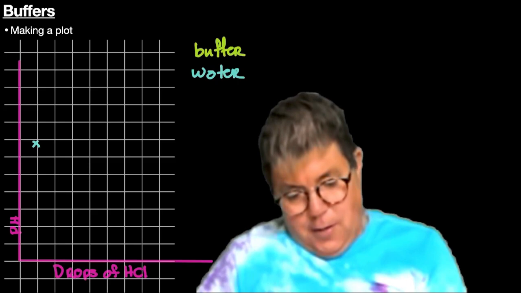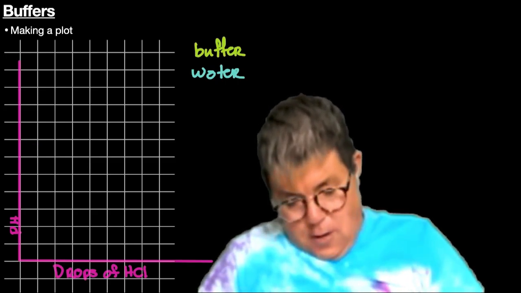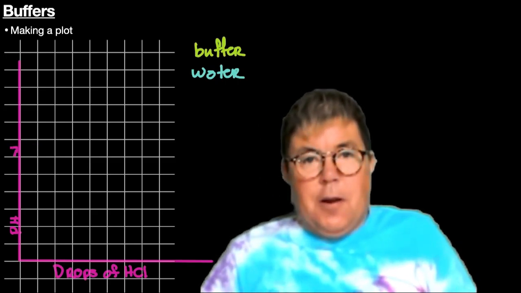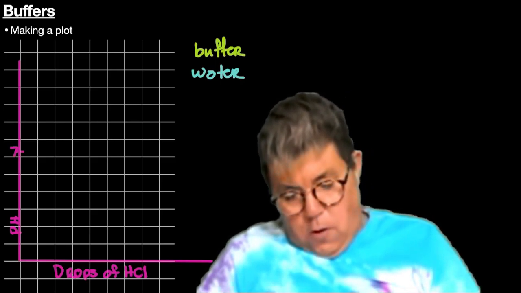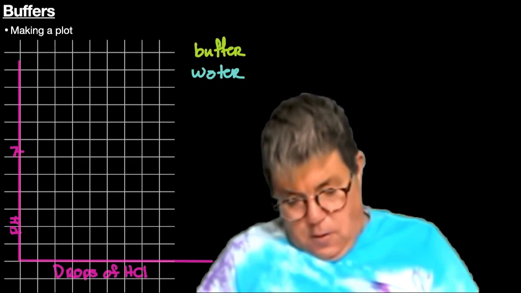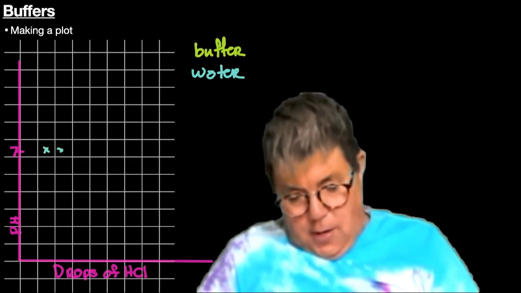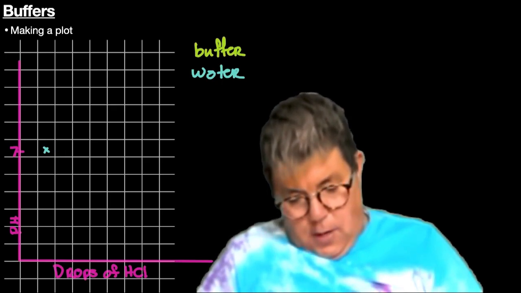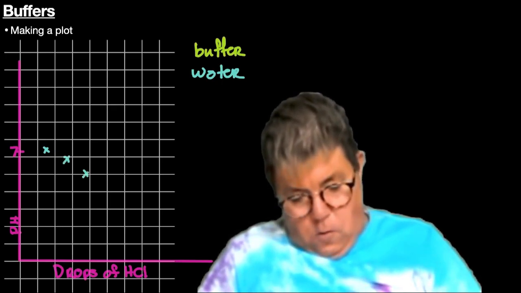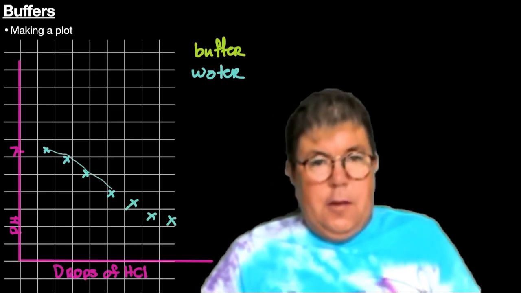So let me write here for reference a 7. That's where we're going to have neutral. So we're starting with some water, and we add HCl to the water, and as we add more HCl, what happens? It looks like the pH happens to what? Drop.